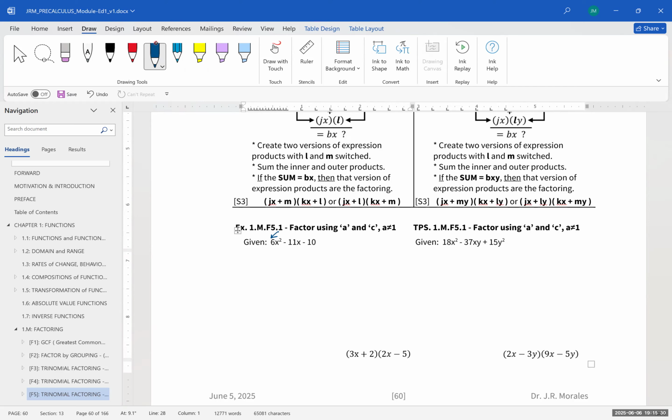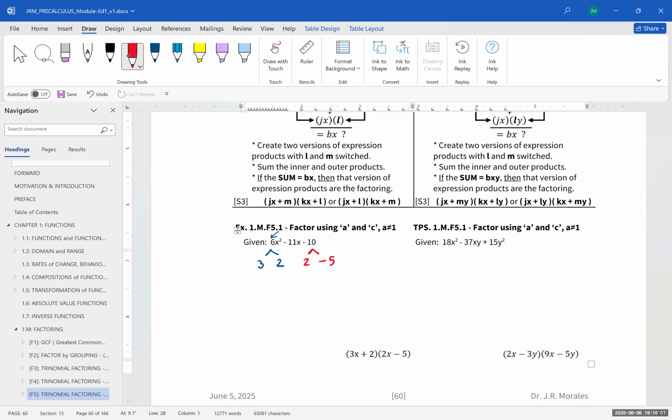So we want to look at factors that will give us negative 10, and we want two factors that will give us a positive 6. Let me use different colors, I think that'll help. We could have a positive 3 and a positive 2, and a positive 2 and a negative 5.